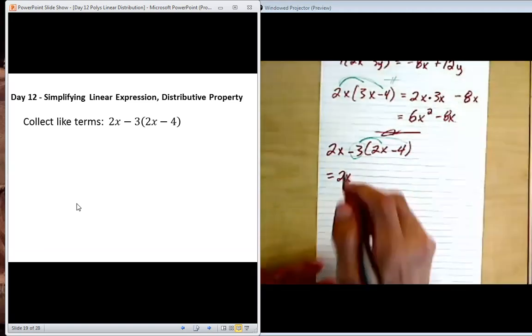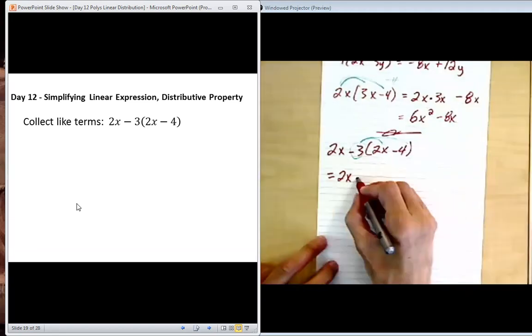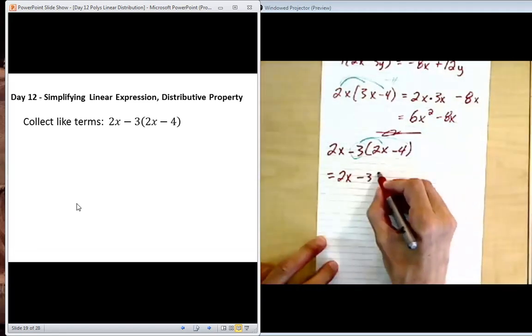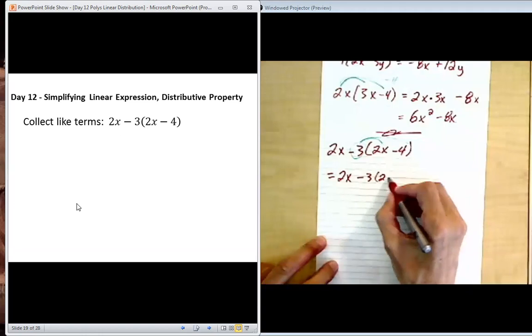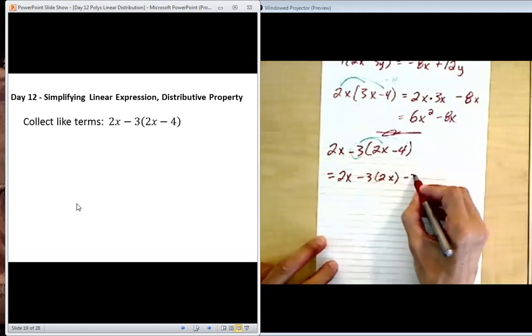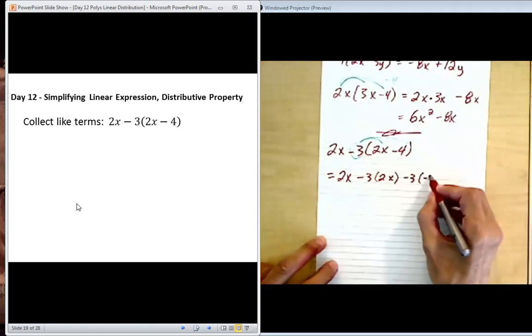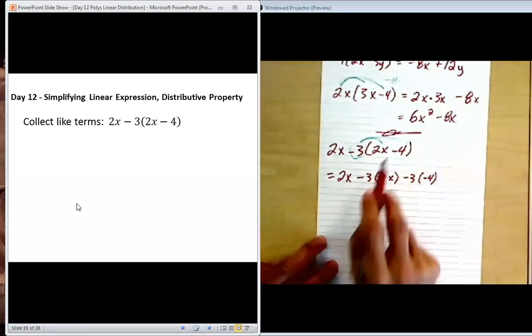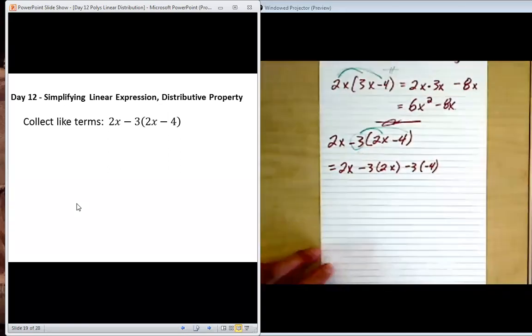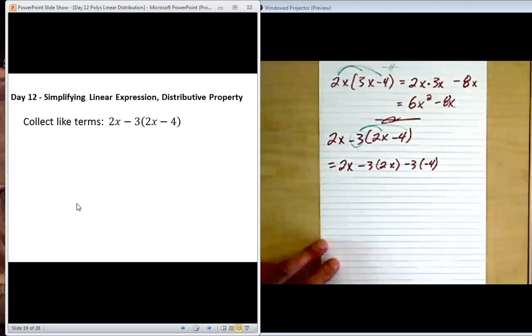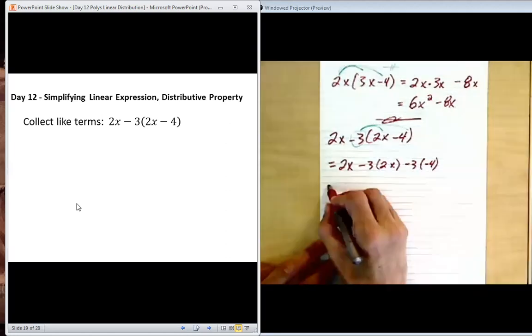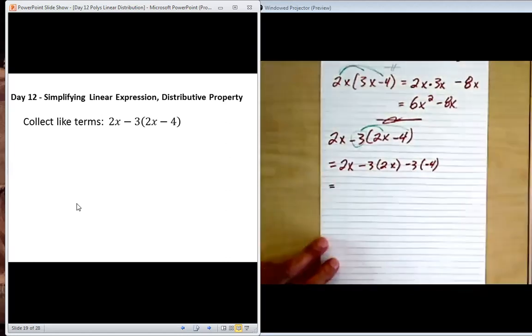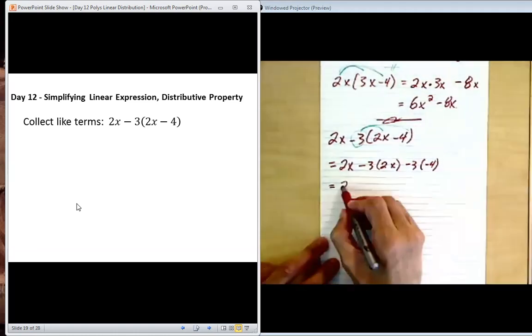Okay, so we're going to have minus 2x with a minus 3 times this 2x. And then we'll have a minus 3 times the minus 4 that we see there. Beautiful. Pluses and minuses. 2x there.